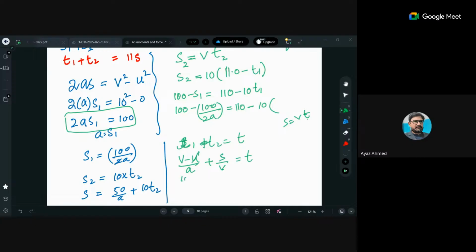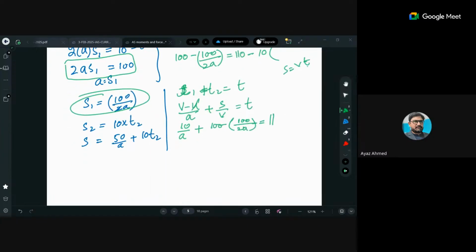So it is 10 by A plus this S, which is 100 minus 100 by 2A, the value of S1, divided by 10, is equal to total time, 11. Now it is a one variable equation.